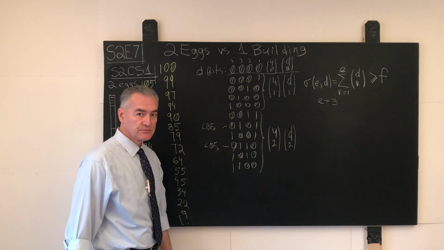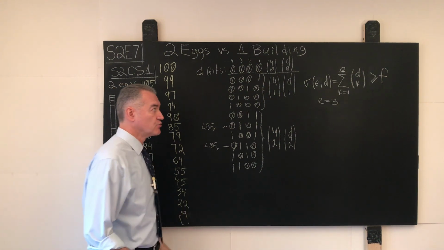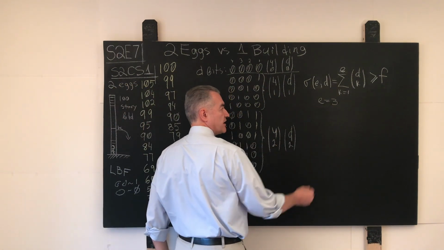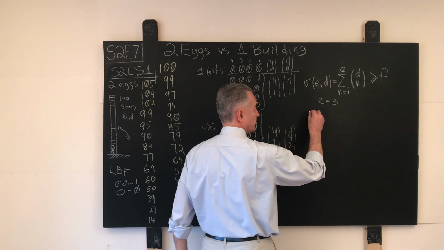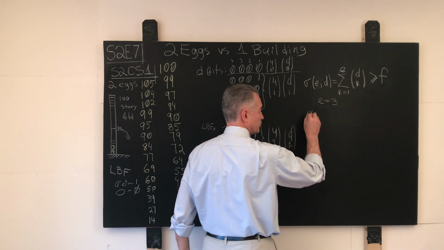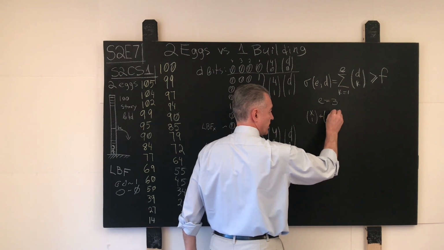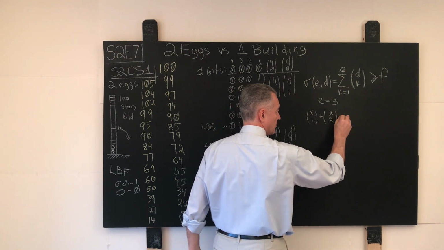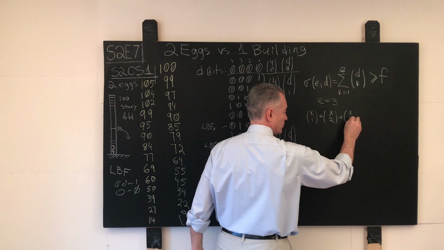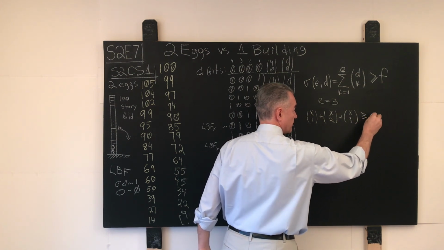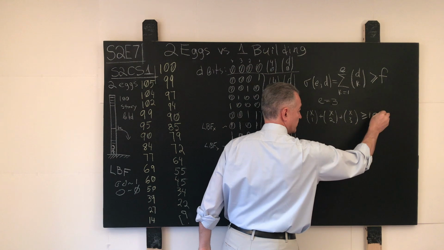These binomial coefficients will unfold into 3 terms when we have 3 eggs, and we'll have X choose 1 plus X choose 2 plus X choose 3, which must be greater than or equal to 100.